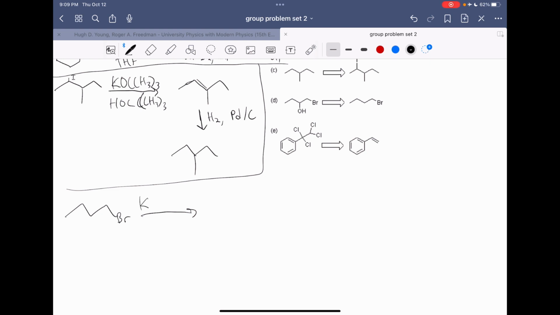We want to take off that halogen and make it a double bond. Yeah, we want to make that a double bond. And then we will be left with something like that. That's the only possible place for the double bond, so there's no question of anything.